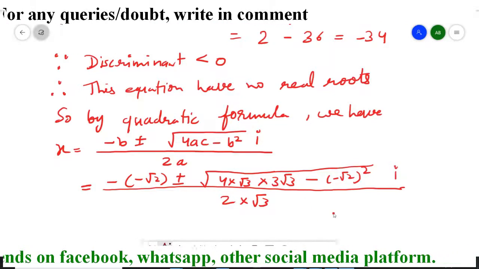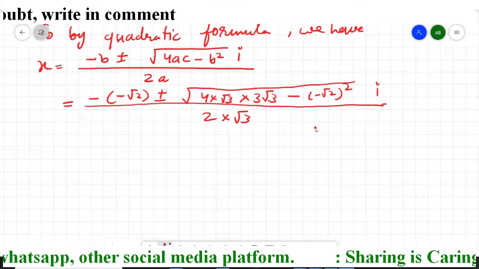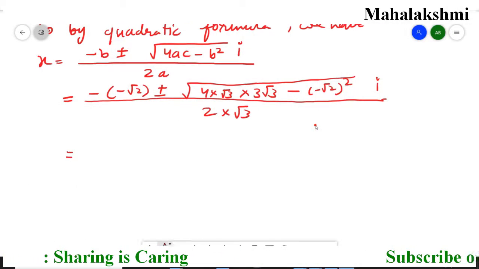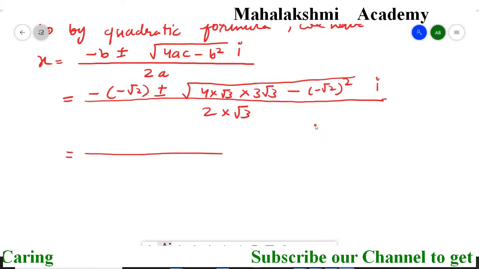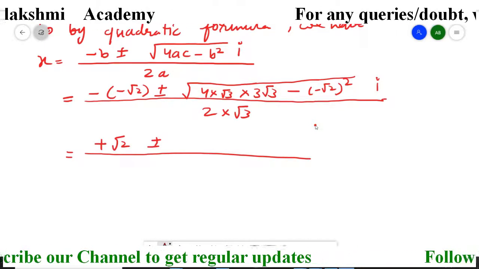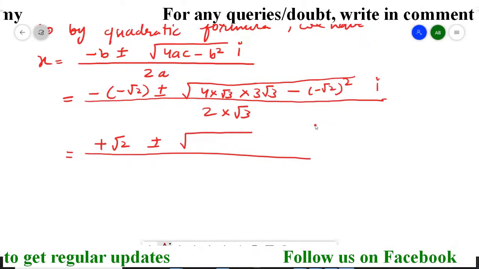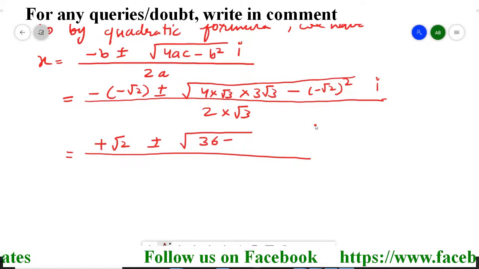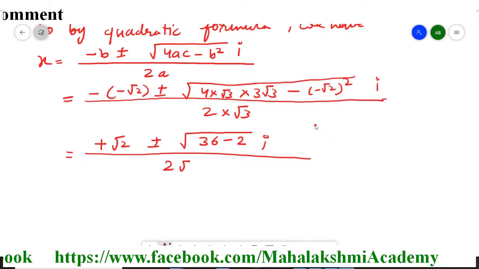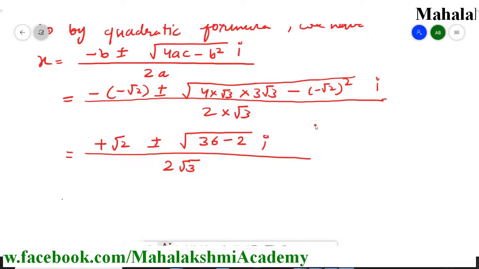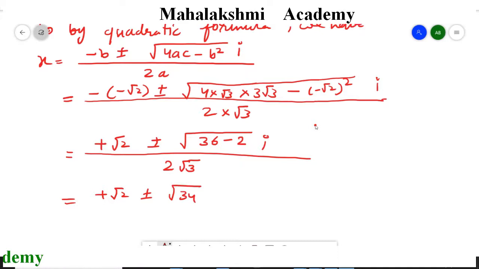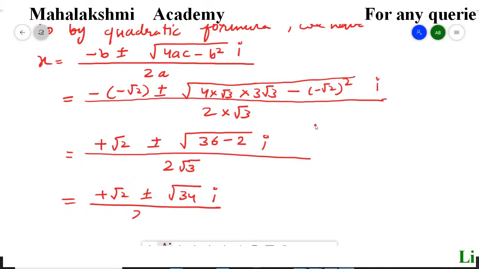Now when we simplify it, these values of a, b, c, initially I wrote, from there I replaced. Now when we simplify, we'll get here plus root 2, then plus minus, it's going to be 36 minus 2 iota and then root 2 root 3 in denominator, and plus root 2 plus minus 34 iota upon 2 root 3.